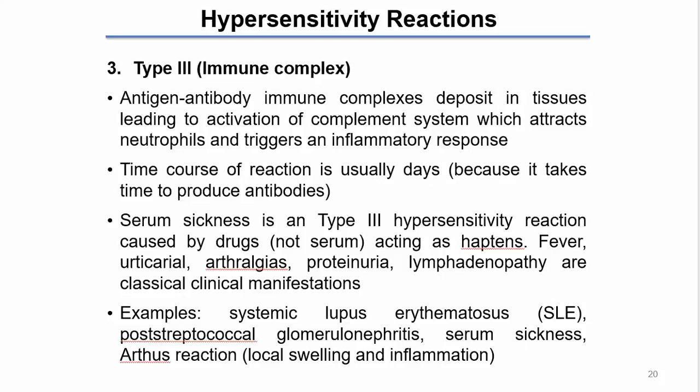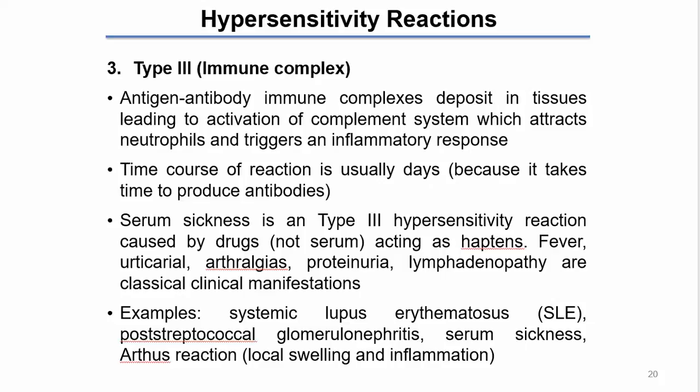Now, it used to be thought that serum sickness was caused by serum. It turns out it's not. It's caused by drugs. And the drug itself is a hapten. The drug is not enough on its own.